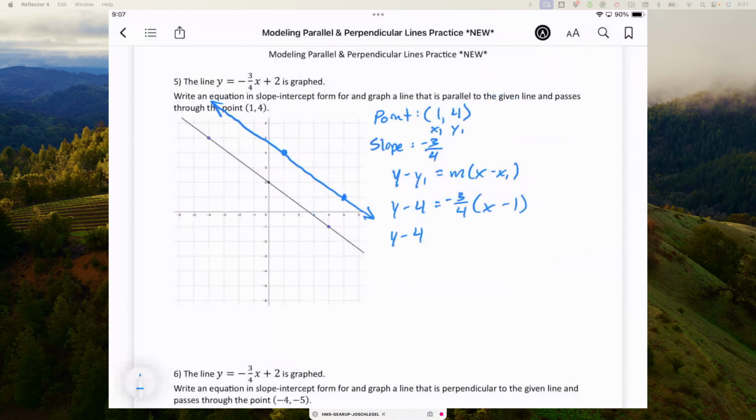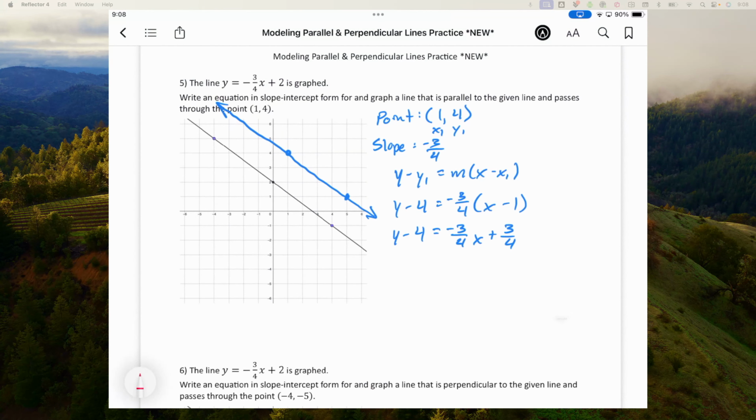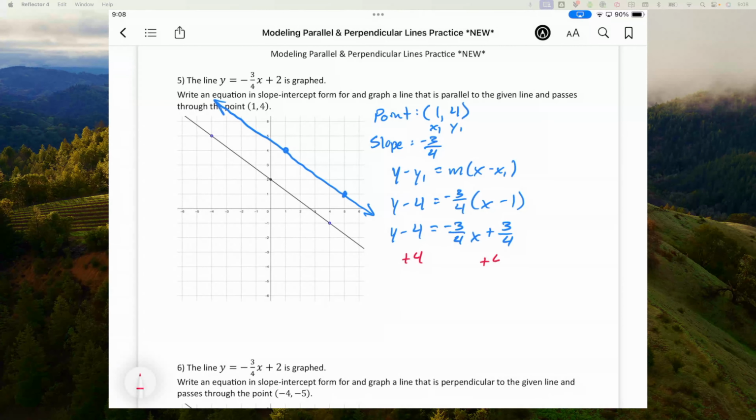Okay. Equals negative 3 over 4 x plus 3/4. So another one where we're going to have a fractional y-intercept. So we'll add 4 to both sides. And there's our equation.